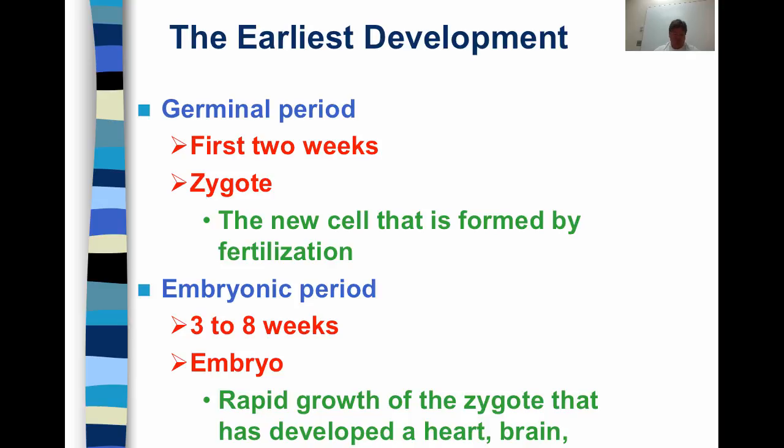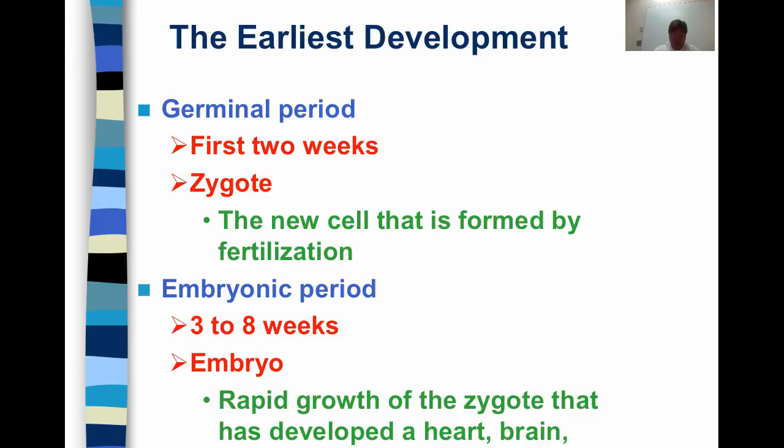If a teratogen is introduced during this early germinal phase, then death of the embryo is possible because during this stage the substance is likely to damage all or most of the developing cells. If the teratogen damages only a few cells, the conceptus or the zygote might recover and develop normally.